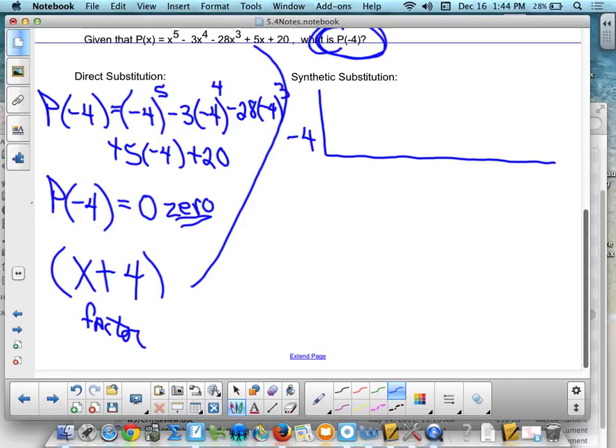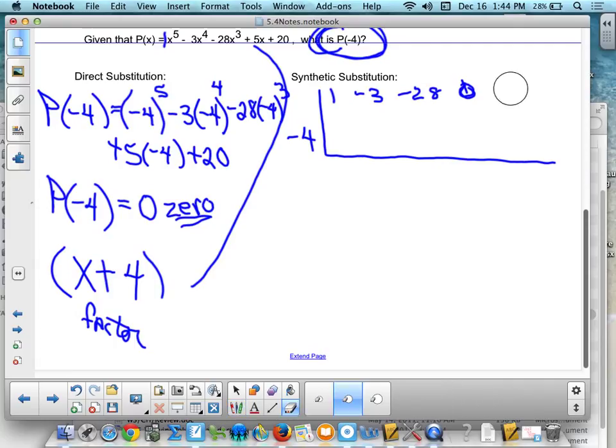What are the coefficients? 1, then -3, then 0, then 0, then 5. Okay, x to the 4th, 3rd, 2nd, plus 5.